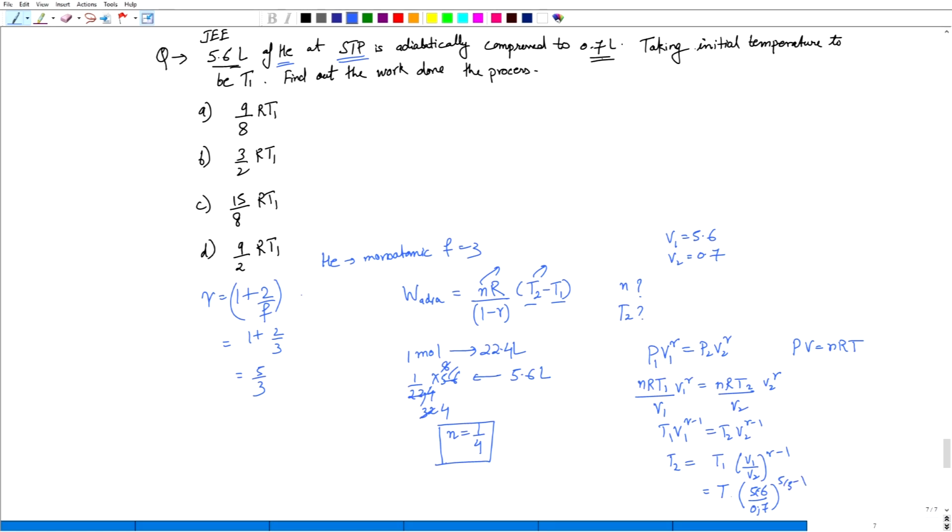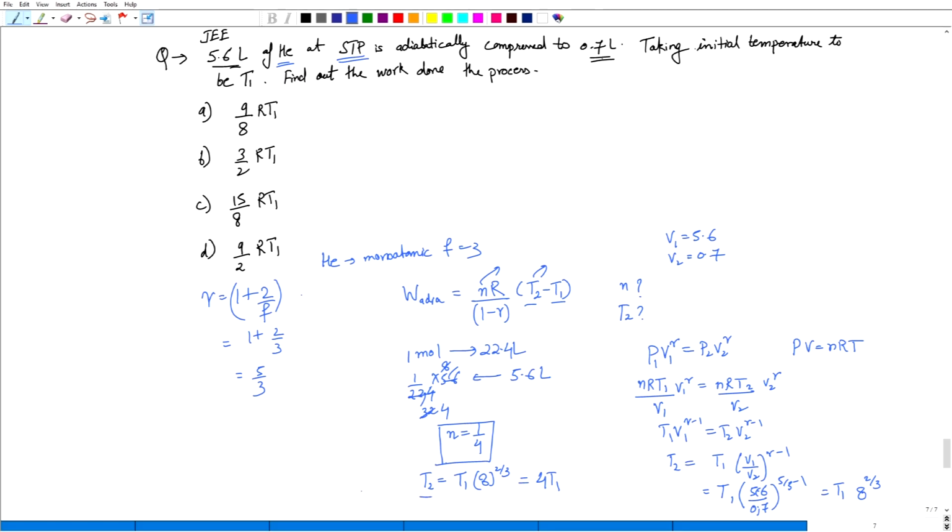So this is T1 into 2 to the power 2 by 3 times 3, that is, T2 is T1 into 8 to the power 2 by 3, and so it's 4T1.